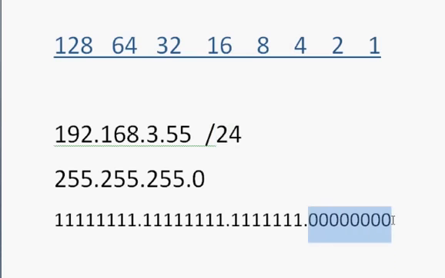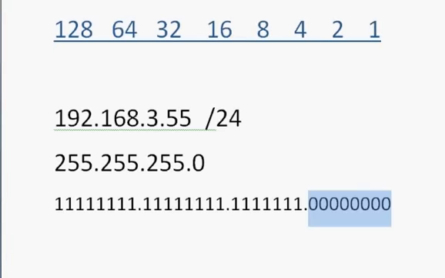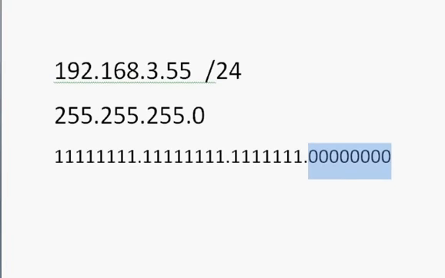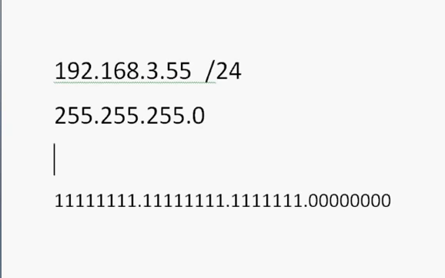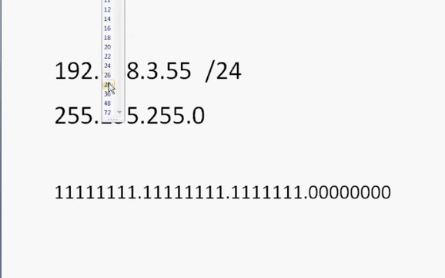The reason this is important to understand is that the process of finding the network is done by the router, and the router uses a process called ANDing, which relates to logic and truth tables, and we'll talk about that right now.